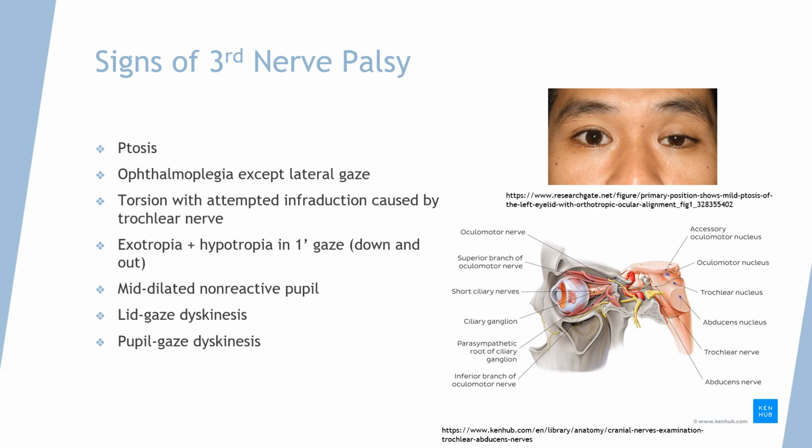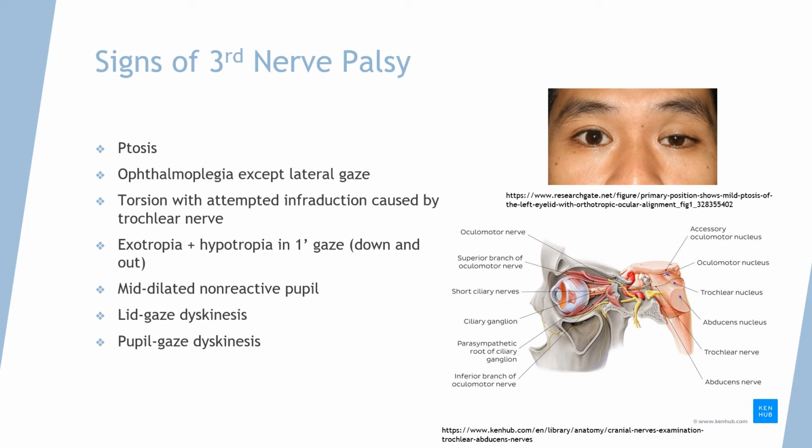If the etiology causing the third nerve palsy involves the parasympathetic branch, the third nerve palsy may be accompanied by a mid-dilated, non-reactive pupil. If there is abnormal regeneration during the recovery phase of third nerve palsy, the patient may demonstrate lid gaze or pupil gaze dyskinesis.